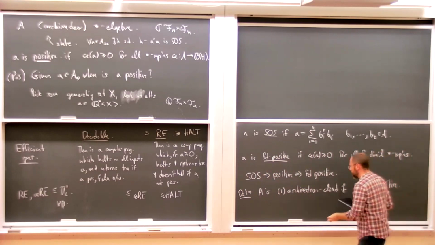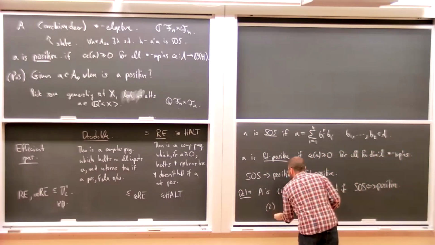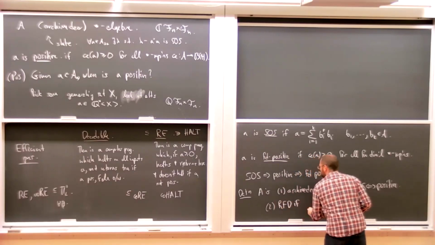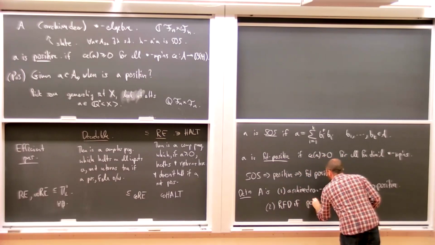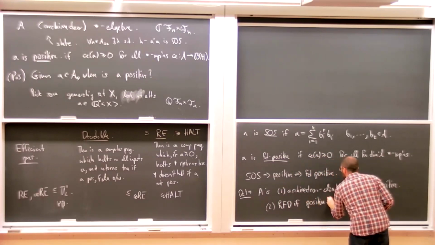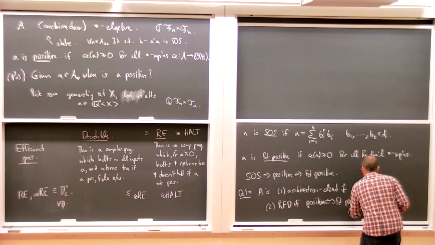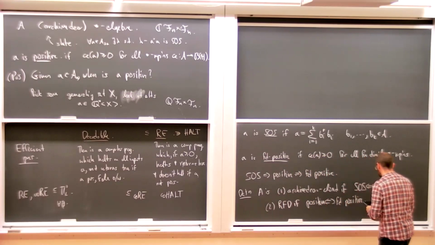Okay, and this should be a familiar term. A is RFD if positive if and only if finite dimensionally positive. Okay.